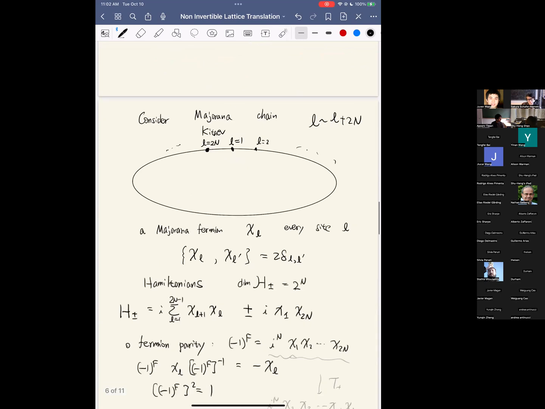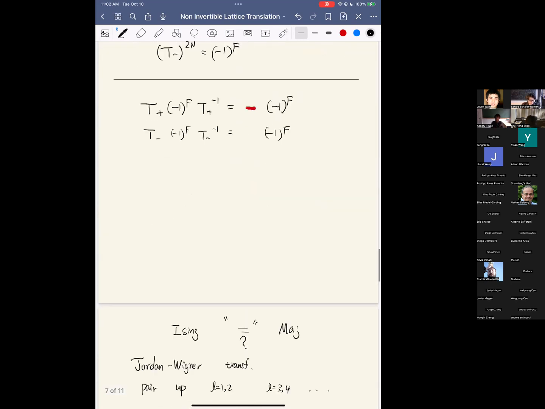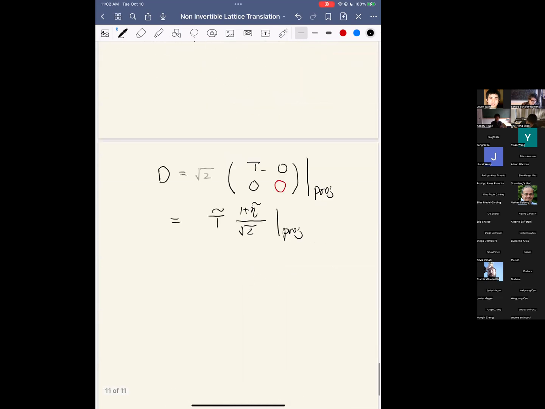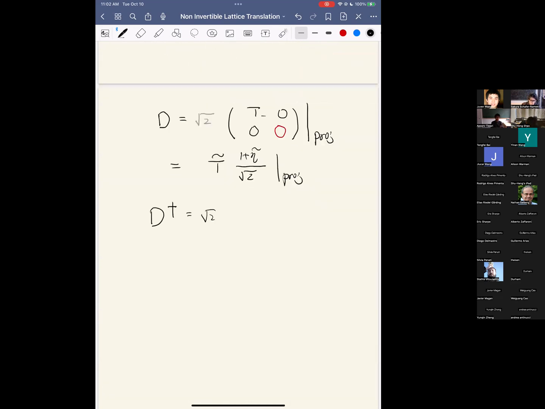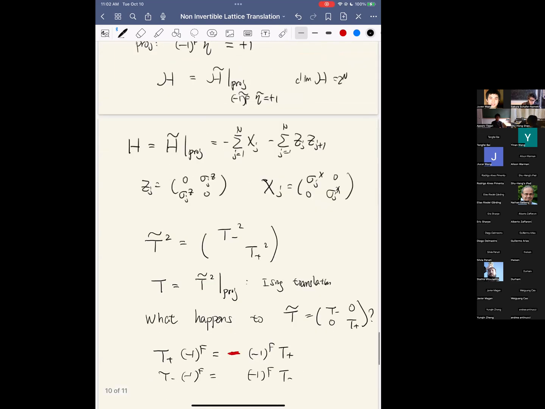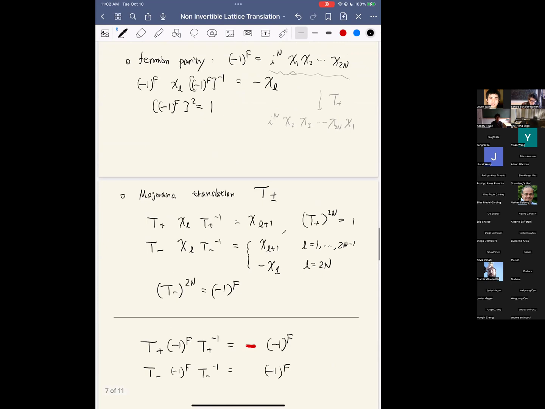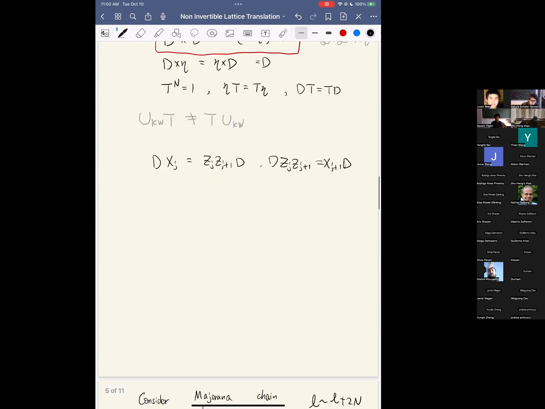One very important thing I want to emphasize, which is manifest from this expression, is: what is D dagger? D dagger is root 2 T minus inverse 0. And that is D times T inverse. So let me write it up here. D dagger is D times T inverse.